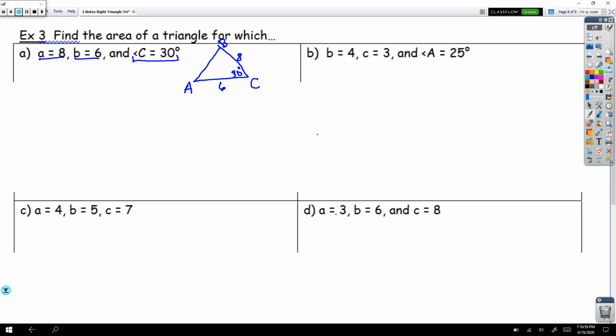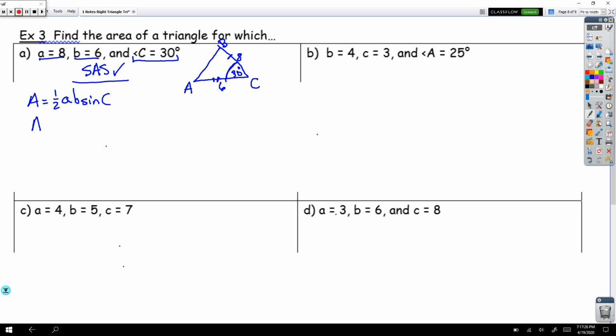So we have side, angle, side. So SAS, check. Now I have side A, side B, and angle C, so I'm going to make use of that first formula. A equals 1/2 A, B, sine C.